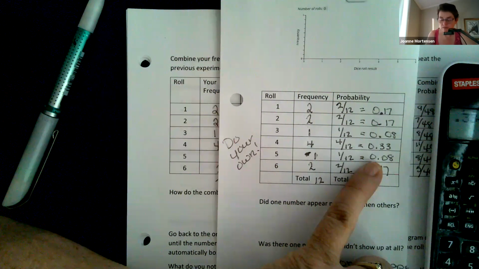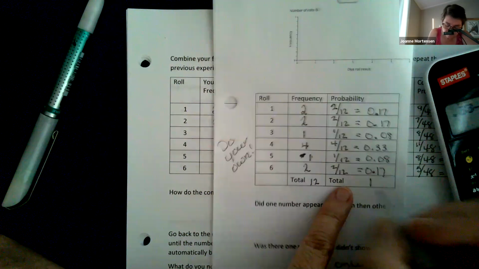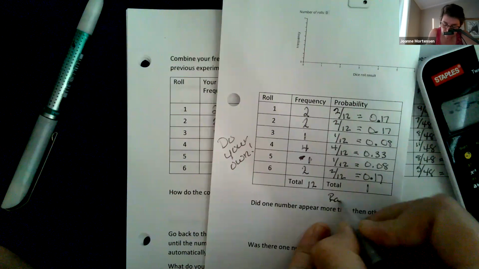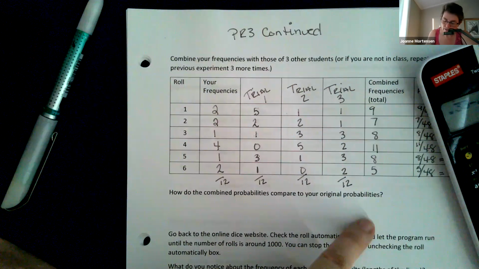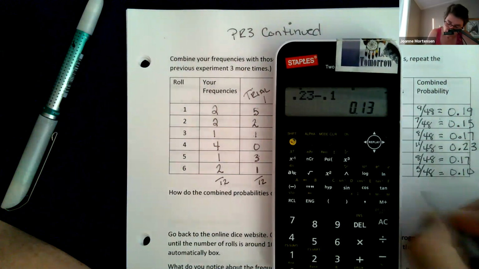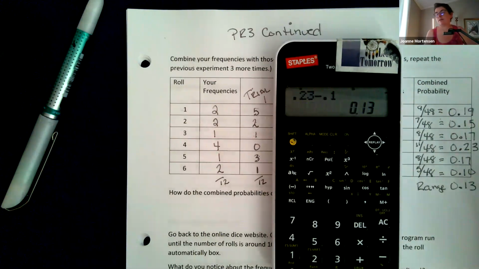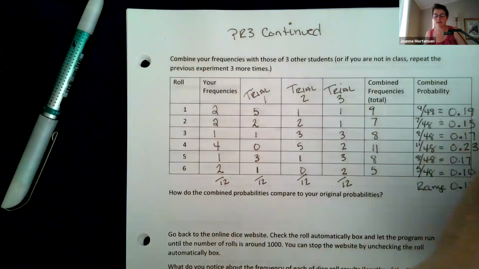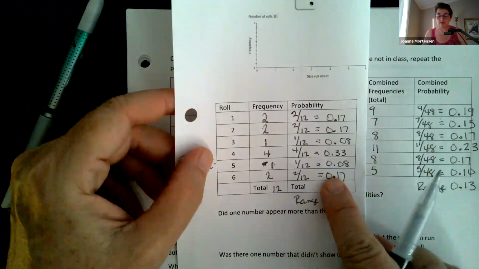Right, so that gave us a range of 0.25. Remember range from last semester? Whereas this one, 0.23 minus, okay, that's going to be 0.1. So these numbers are closer together than these ones. So when I did 48 trials, they're closer together than when I did only 12.